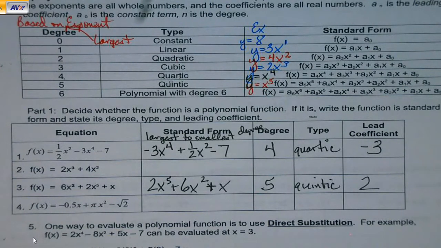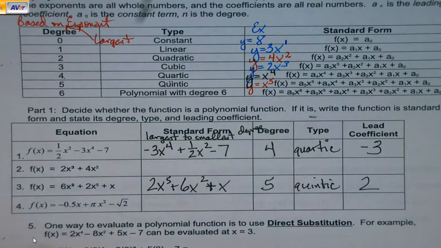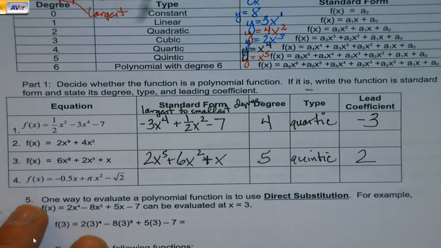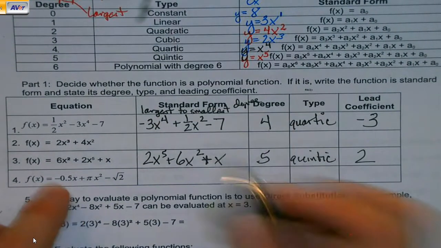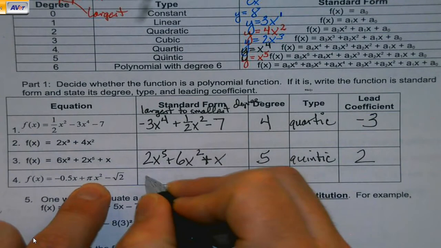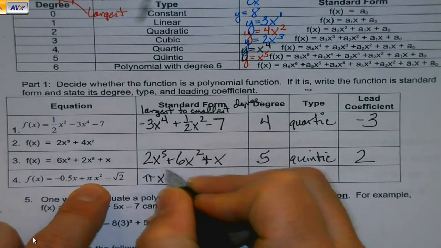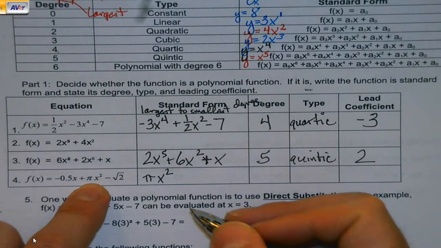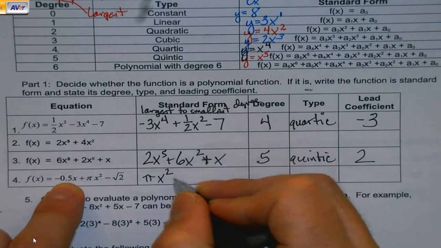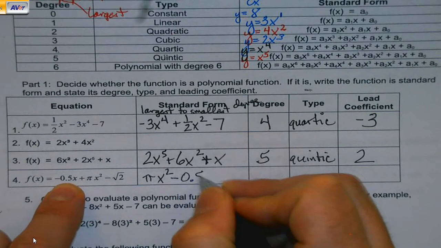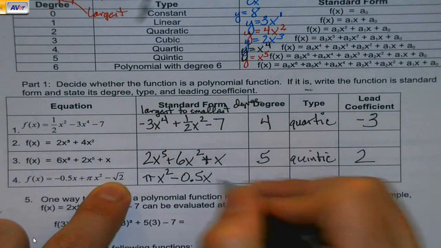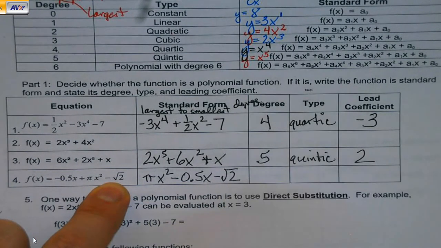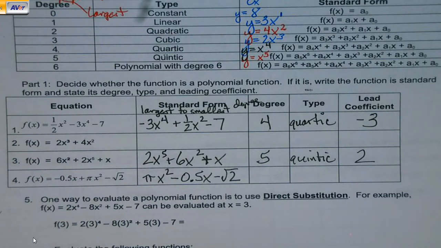So one last one, this last one, because there's some funky stuff going on down here. So as I'm looking at this last one, I look through, I see my biggest exponent. And yes, pi can be a coefficient. Strange, but true. I go to my x term. And then my constant at the end.